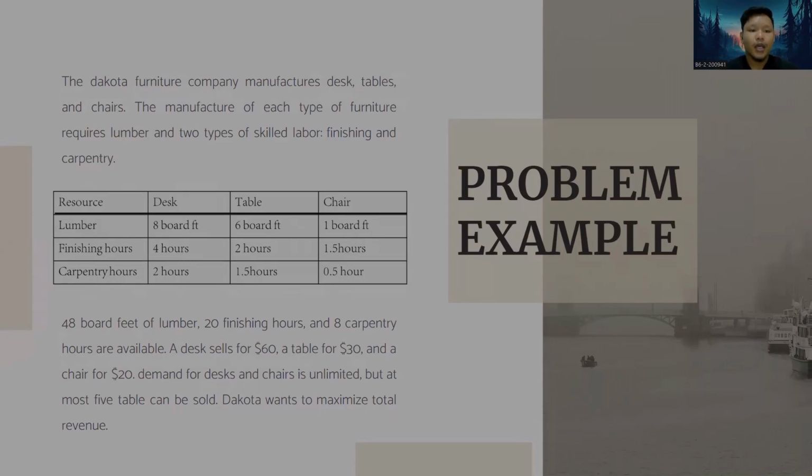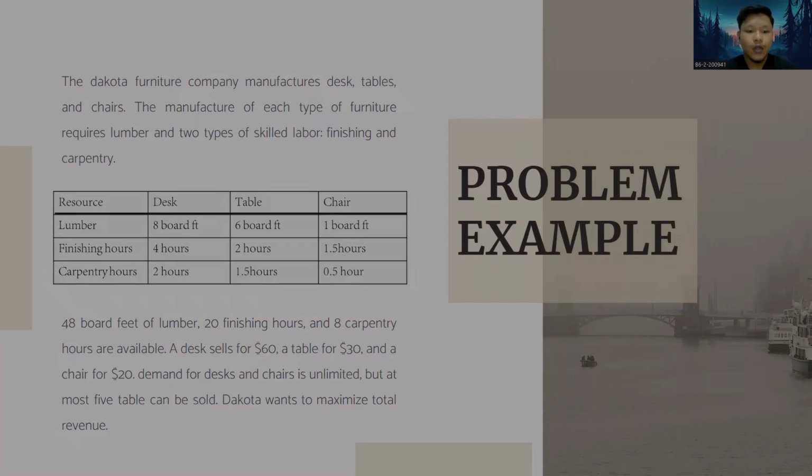The table is given in the question, with the available lumber, finishing hours, and carpentry hours, which are 48, 20, and 8. The selling price of each product is also given: $60 for a desk, $30 for a table, and $20 for a chair.